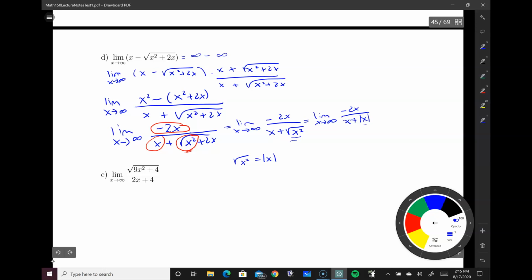So this absolute value, if I have a positive number in there, I just get positive x out. Well, I am going to positive infinity. So since I'm going to positive infinity, I can say the absolute value of x is x. So then, joining these in the denominator together, canceling the x's and the 2's, I get negative 1 as the answer. Whew, that was challenging.